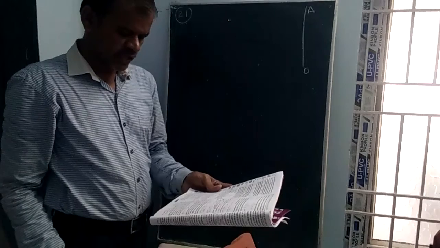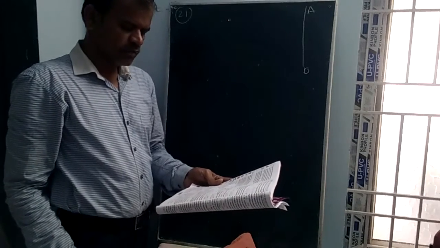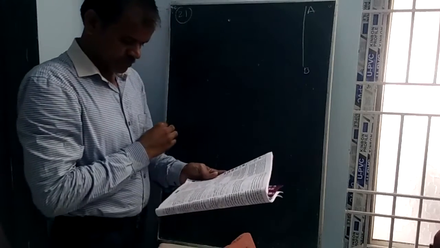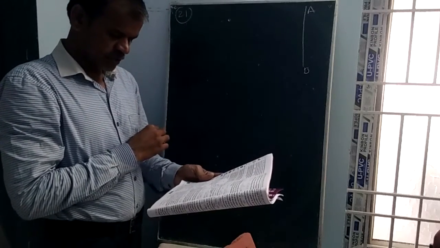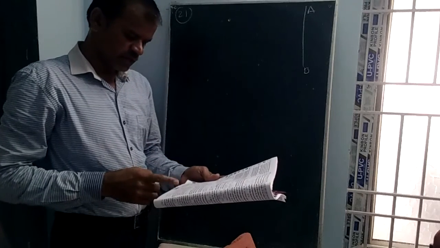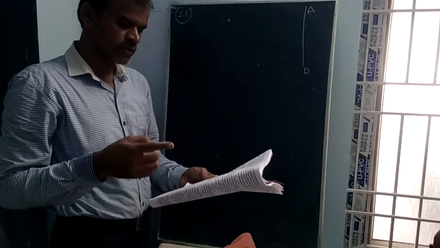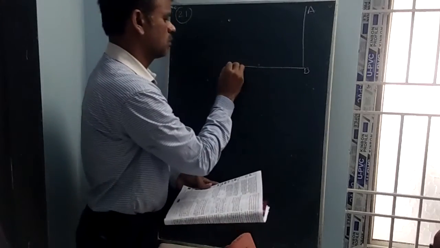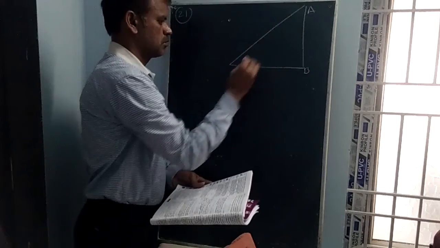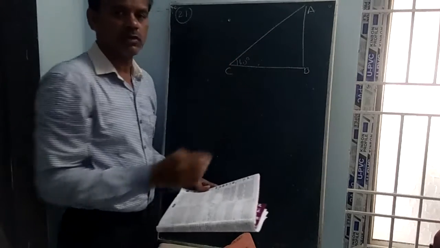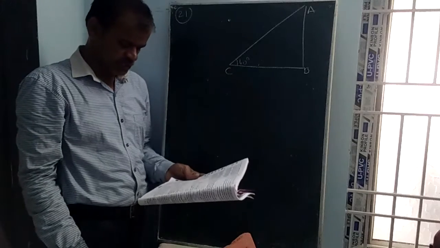A man finds that the angle of elevation of point A from a certain point C on the ground. Okay, this is ground. This is C. From C, a man observed that the angle of elevation is 60 degrees.